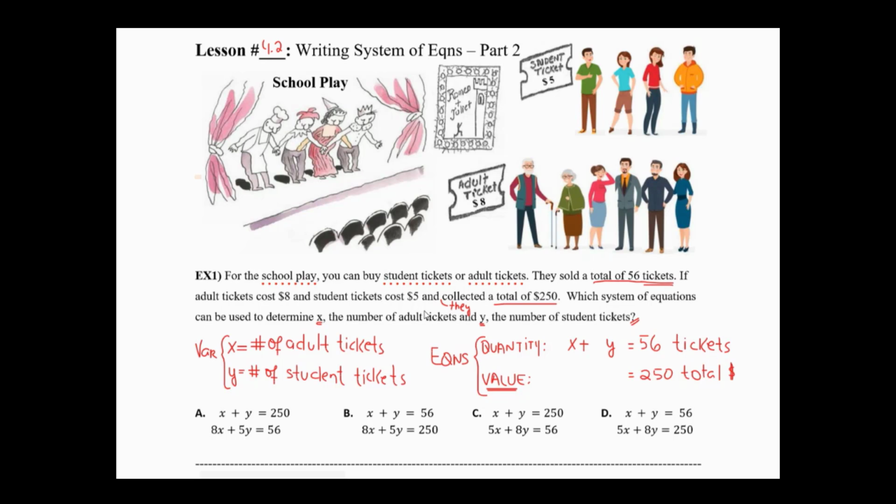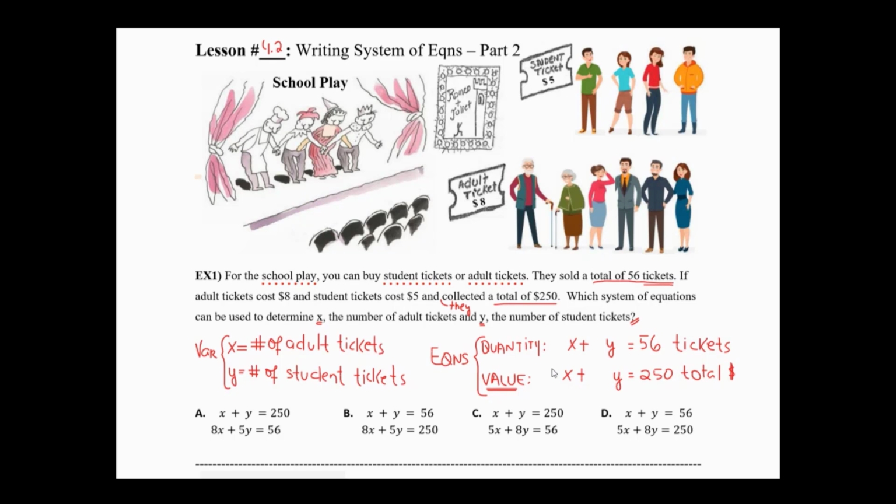Now, the other equation is: each adult ticket costs $8 and student tickets cost $5. And please remember, for the equation that represents value, you want to have the value before each variable. So here we have two types of tickets, adult tickets and student tickets. What is the value of an adult ticket?